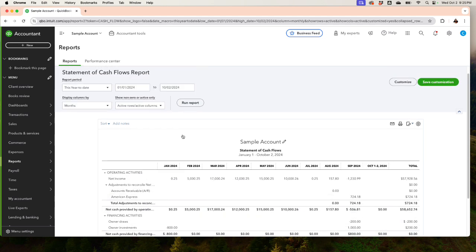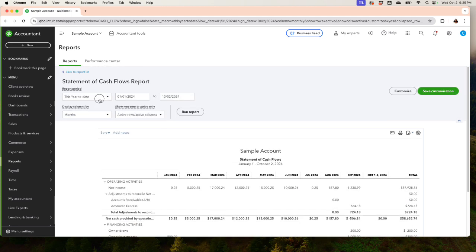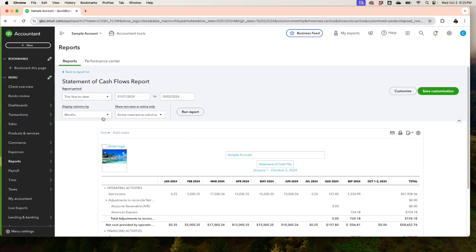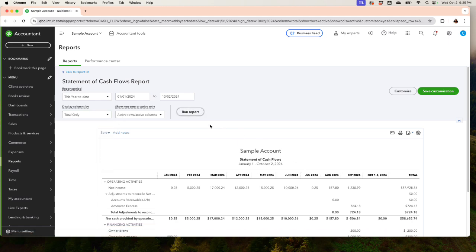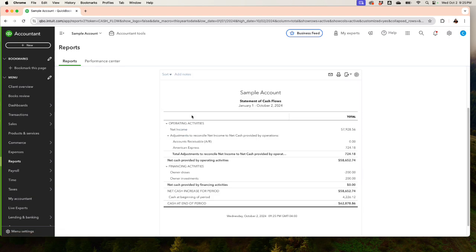But in order to see the beginning balance, you will have to select totals only. Run report. And there it is.